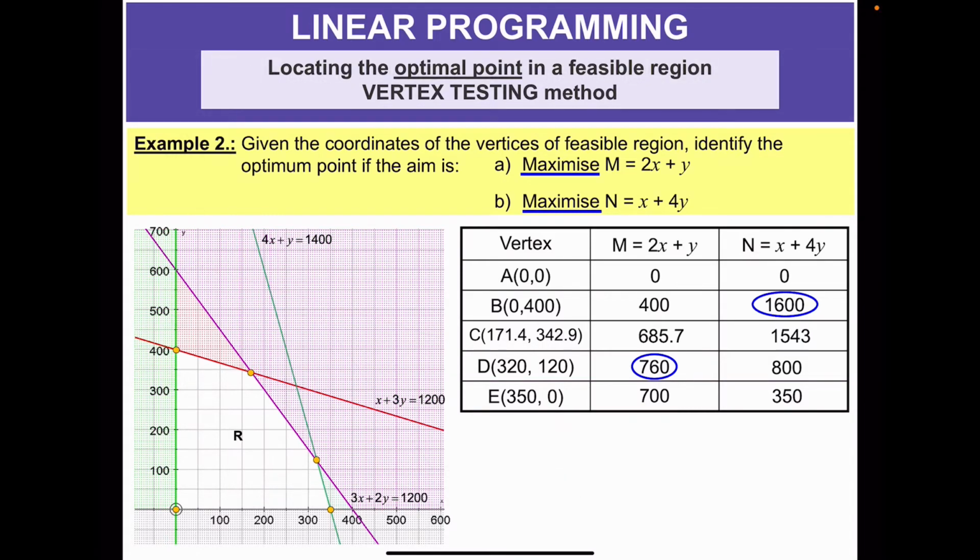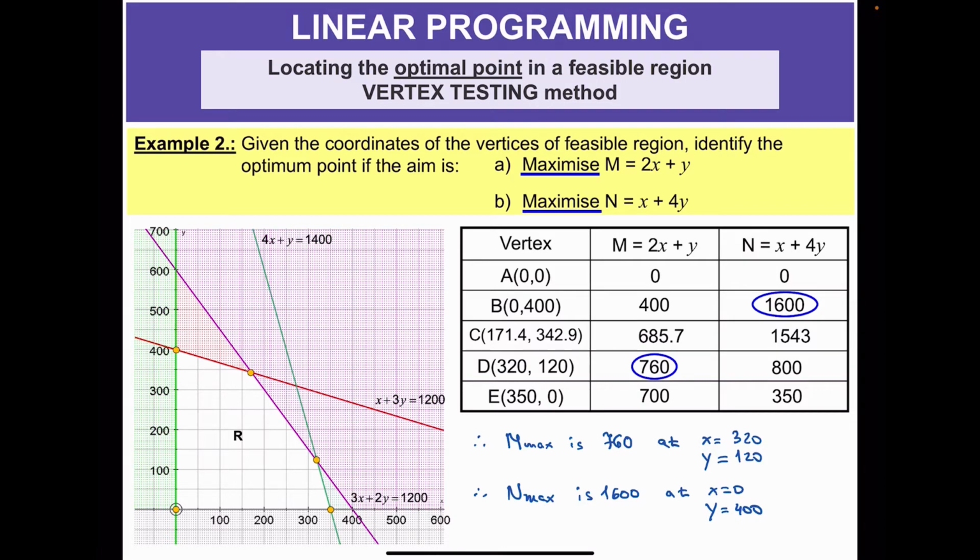So then you can conclude that m maximized is 760 at x equals 320 and y equals 120. And then n is maximized at value 1600 at x equals 0 and y equals 400.